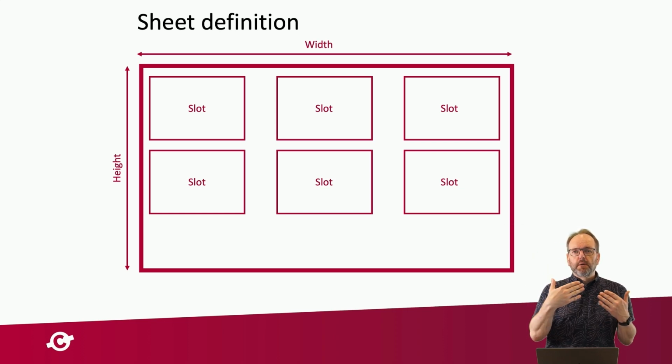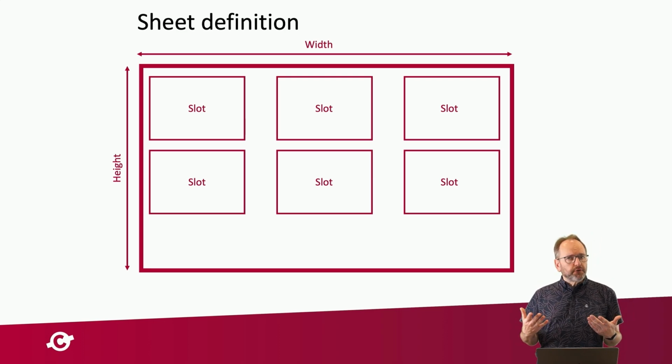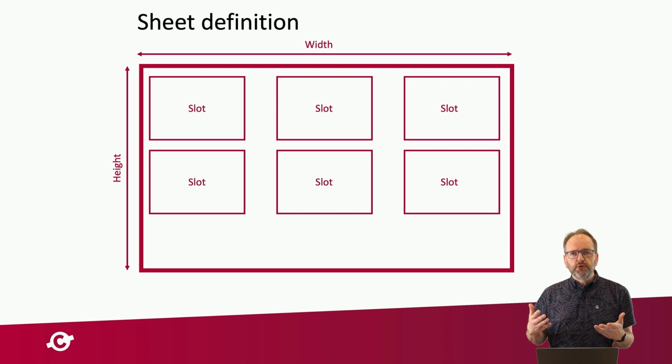So I could place 6 pages from the incoming PDF file on it. And that could be 6 times the same page, it could be 6 times other pages, and so on. The number of slots, by the way, is not really limited. You can do with that whatever you want. Slots also don't have to be nicely one next to the other. They can overlap, and you can do all kinds of crazy things with that.